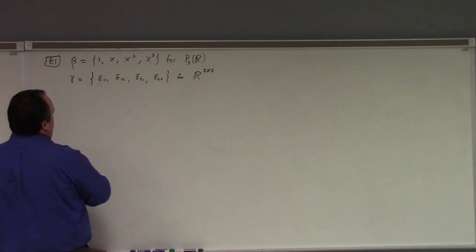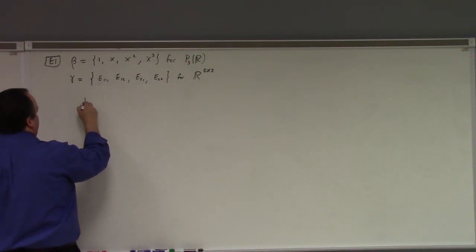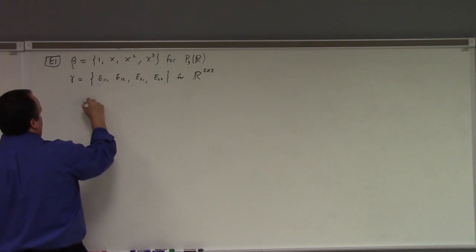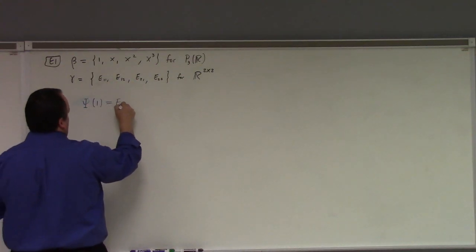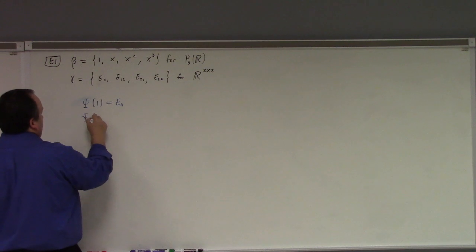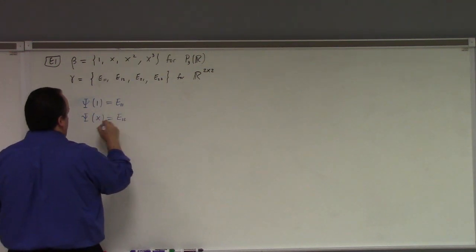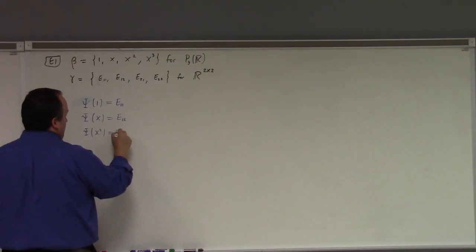I can say, oh, okay, well, I'm going to say that, sorry, I'll choose a letter eventually here. Psi of 1 is E11. Psi of x is E12. Psi of x squared is E21.